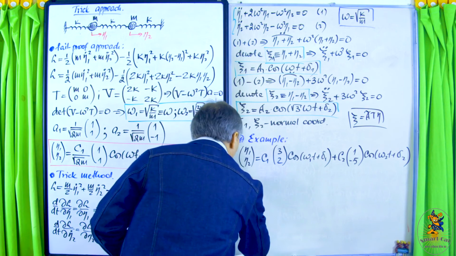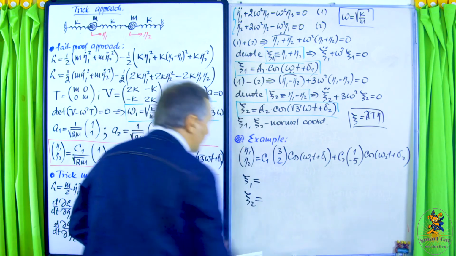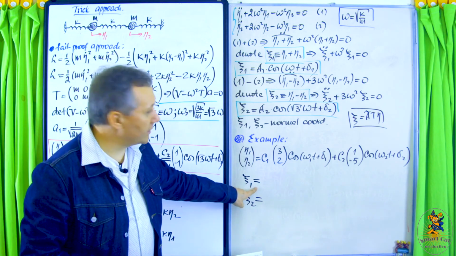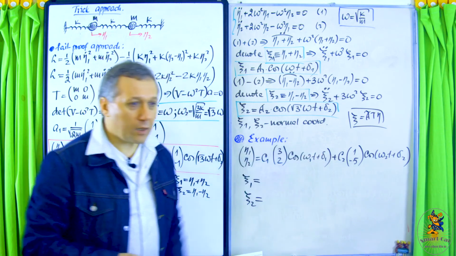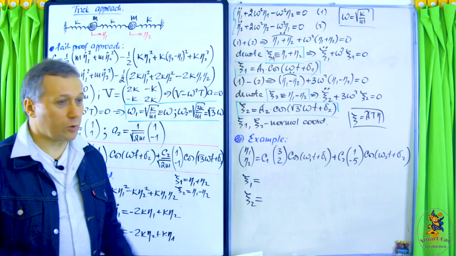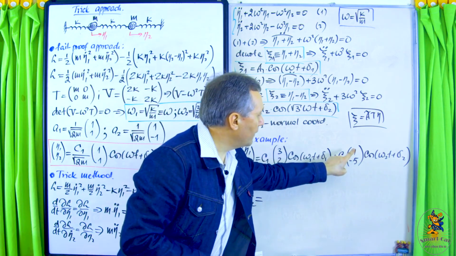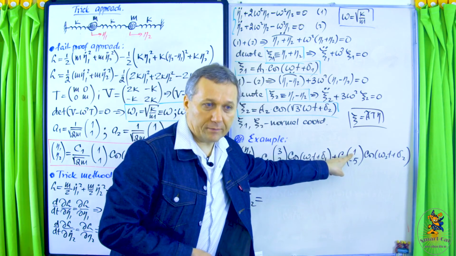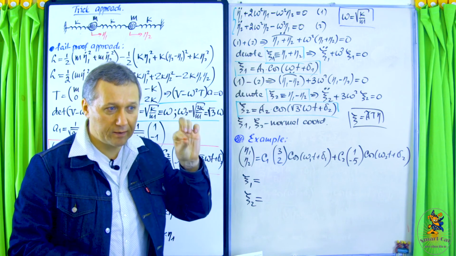So xi 1 and xi 2. In xi 1, I want xi 1 to oscillate only with this frequency omega 1. So it means that there shouldn't be a contribution from that. So how can that be done? I need to take, for example, 5 parts of eta 1, so over here upstairs I will have 5, and 1 part of eta 2 and add them.